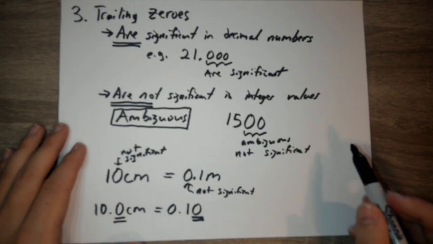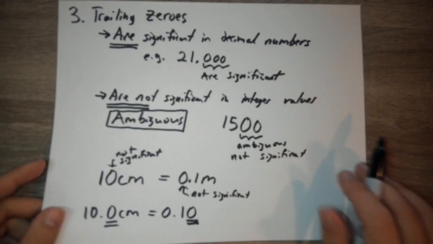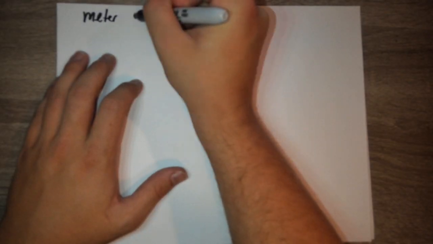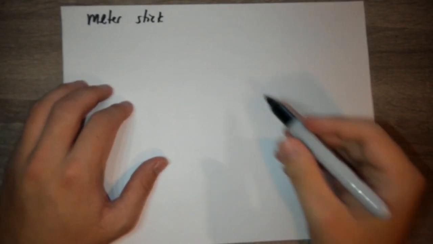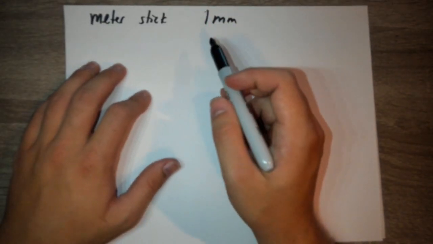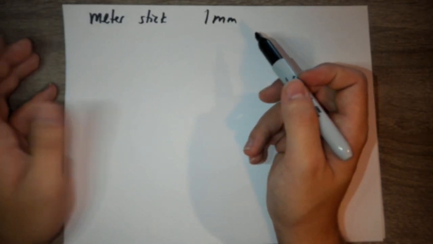So that's why those values are not significant for the most part and are ambiguous most of the time. So one final thing to drive the point home. Let's say you have a meter stick. And the precision, so you have a meter stick and the precision is 1 millimeter. So you've got ticks of 1 millimeter. How would you write this in terms of significant figures to express that precision?